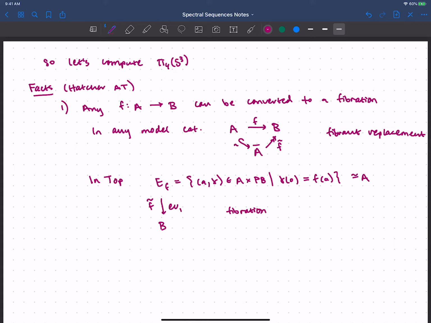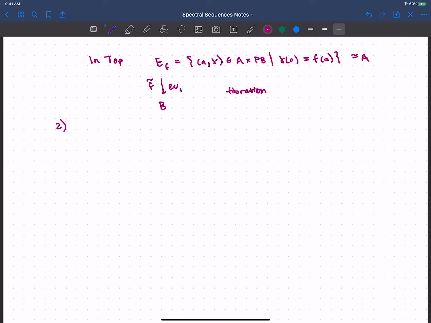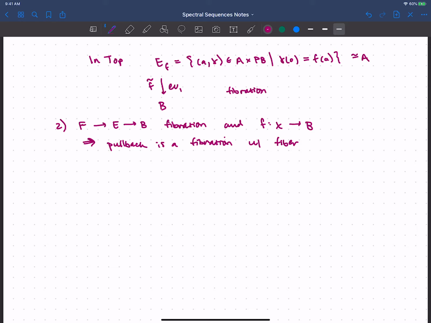So that's one of the facts that we'll need about fibrations, and we're also going to need, well, maybe we could just get away with that one, but I'll put it in this language because I think this is a useful fact. If you have some fibration, say F to E to B, and you have some map to the base space, f from X to B, this is a different f than the previous one, then you can take the pullback in topological spaces, and this is going to be a fibration. And even better, the fiber is essentially preserved.